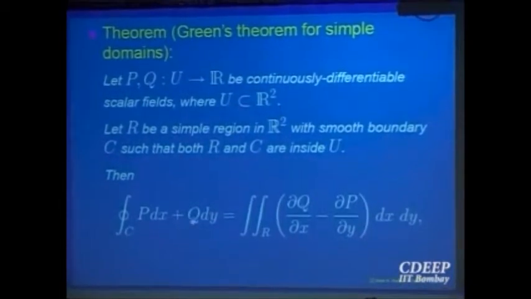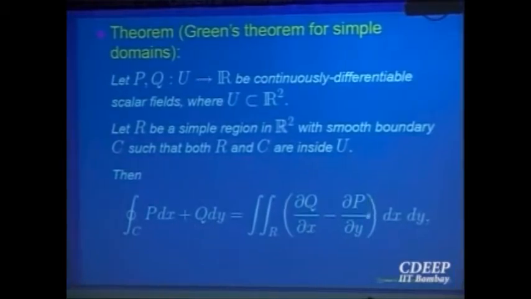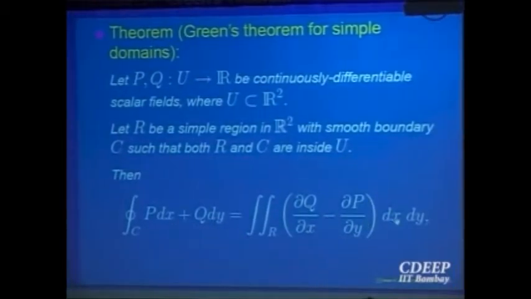Then the line integral of the vector field Pi plus Qj, that is the same as P dx plus Q dy over C, where C is the boundary which is a simple closed curve, is given by the double integral over the region R enclosed by the simple closed curve of the function partial derivative of Q with respect to x minus partial derivative of P with respect to y, dx dy.